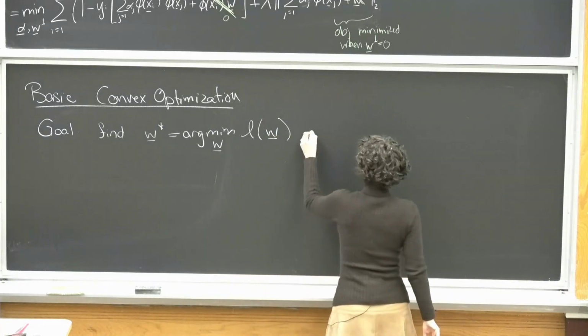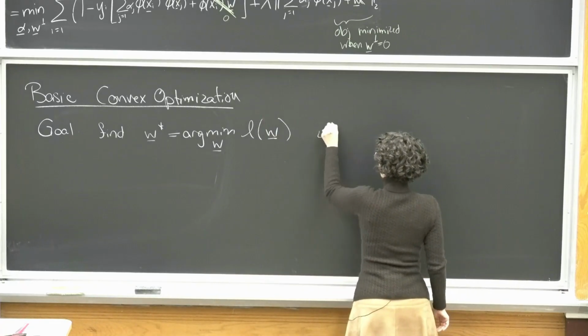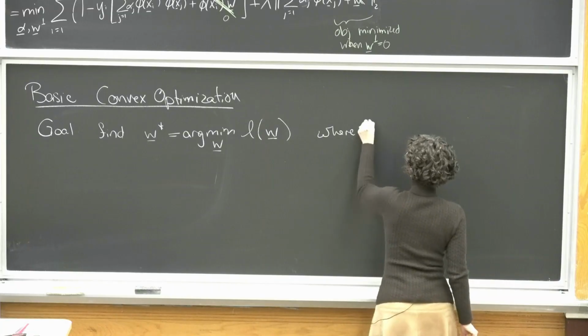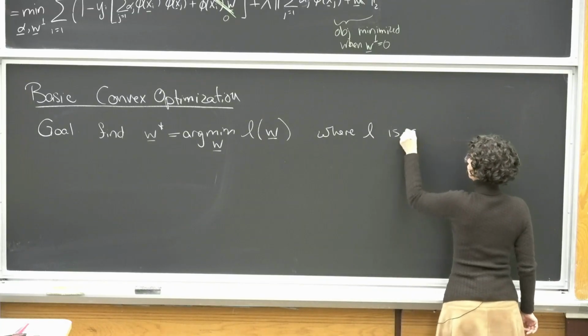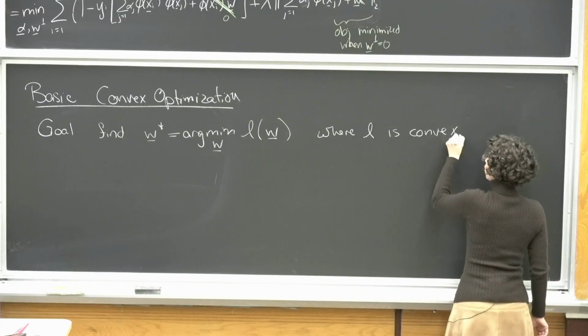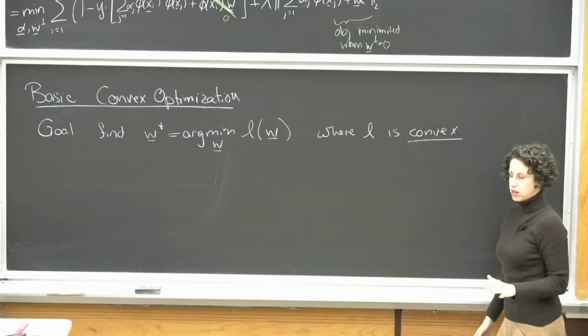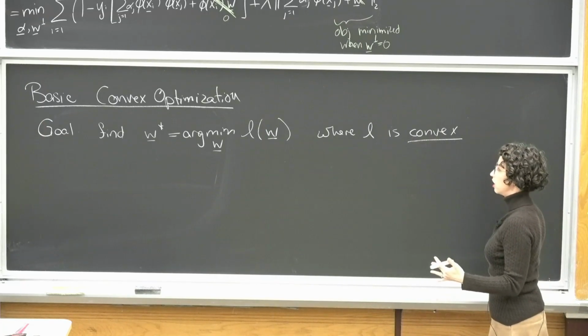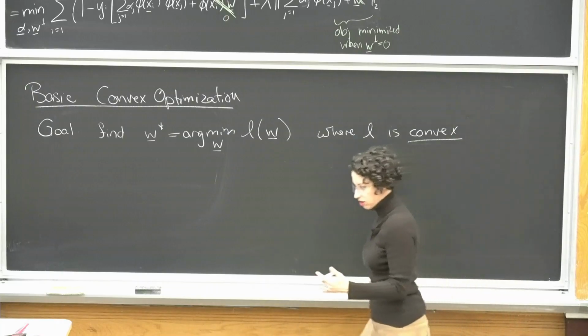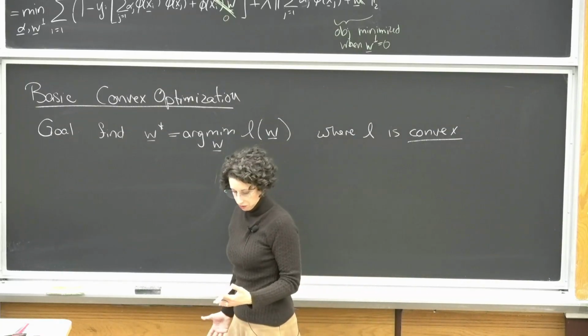And today we're going to focus on the setting where this function L is convex. And we touched on this very briefly in the context of least squares when we were talking about positive definite matrices, but it's a much more general concept.